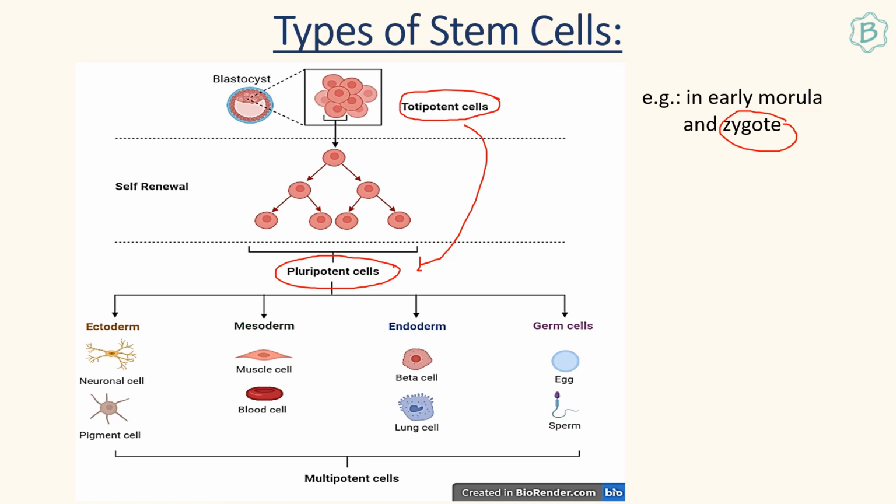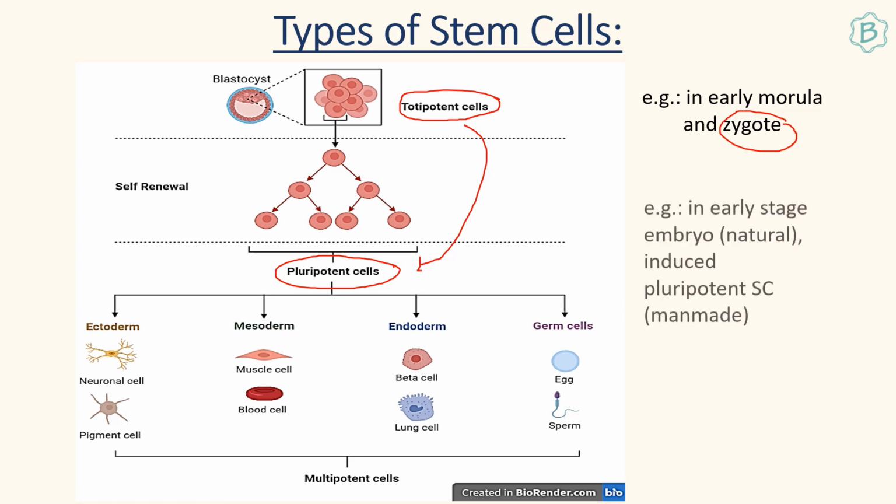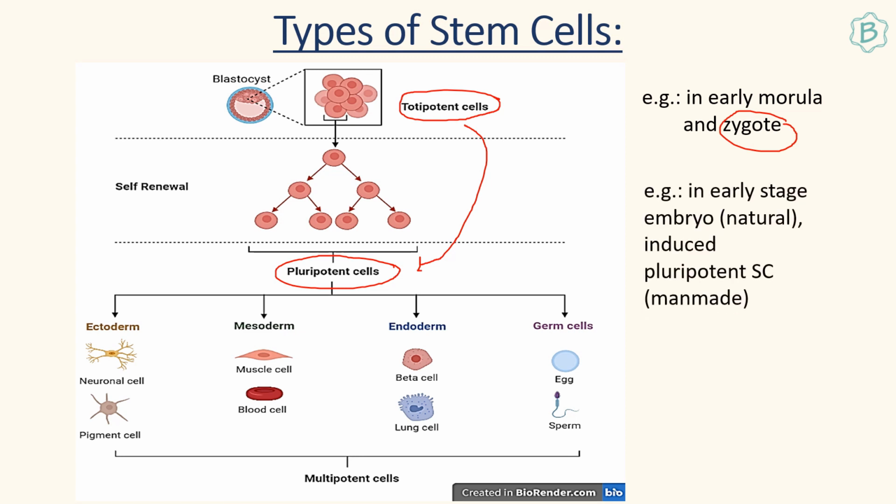There are two well-known examples for them. One is the embryonic stem cell in the very early stages. This is a natural type of cell, and then we have a man-made type of pluripotent cell known as induced pluripotent stem cell. It's also referred to as iPS. These iPS cells can be reprogrammed to function similar to embryonic stem cells.